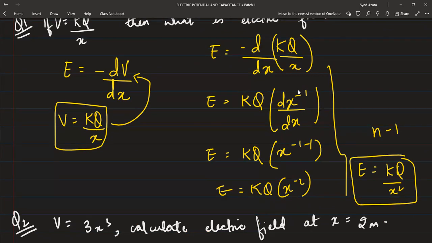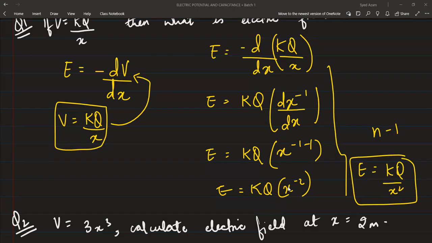So 1 by X will go to the numerator. It will become X to the power minus 1. Then you subtract 1, as in differentiation we always put a minus 1 in the power. That becomes X to the power minus 2, right?